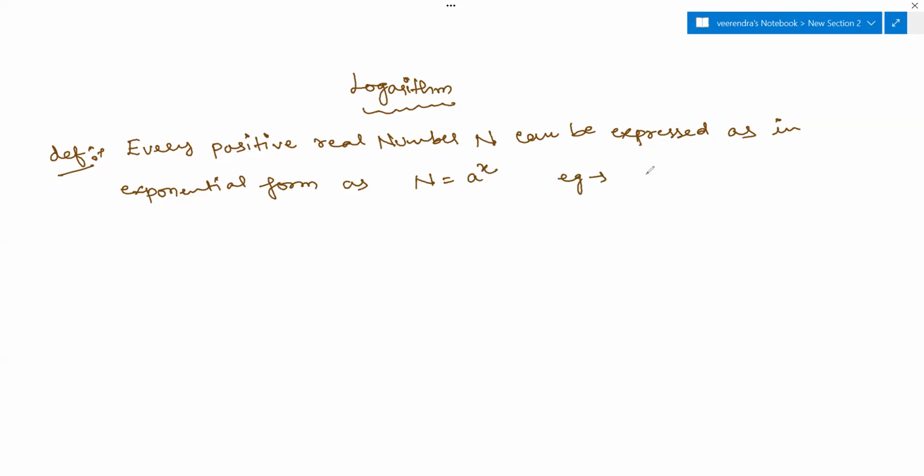For example, if we take 49, we can write it as 7 square, where a is also a positive real number different than unity.